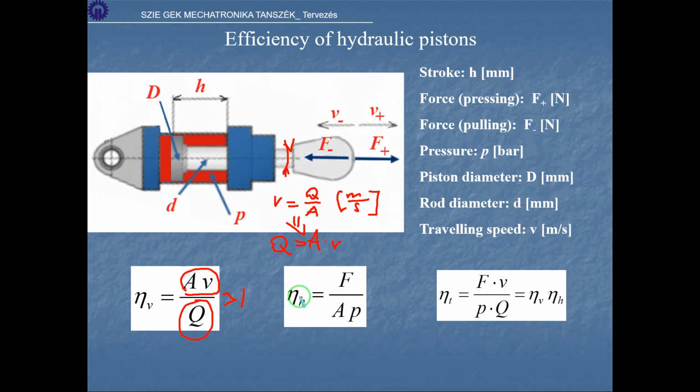So the hydromechanical efficiency is this, because if you remember, we can calculate the force. F equals A times P, where A is the surface of the piston and P is the pressure which is acting upon this surface.